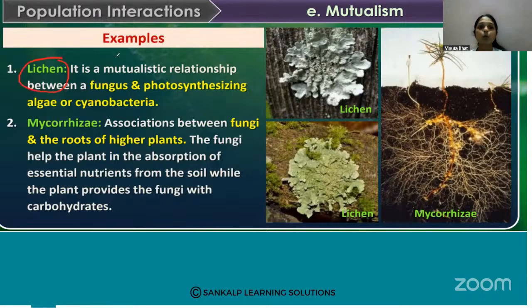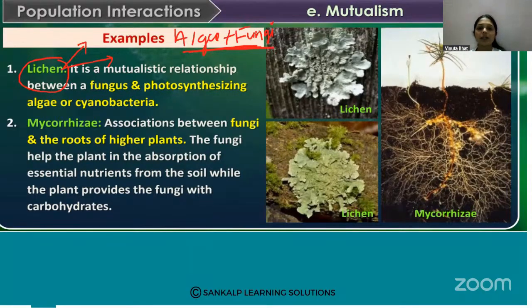Lichens are a very good example of mutualism. Lichens are the association of algae and fungi, right? Algae plus fungi is called lichen.